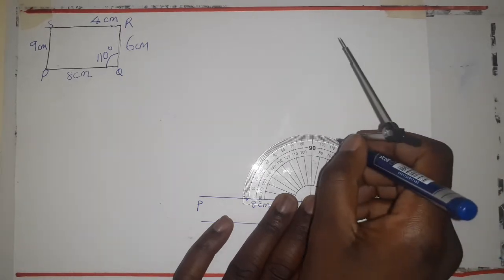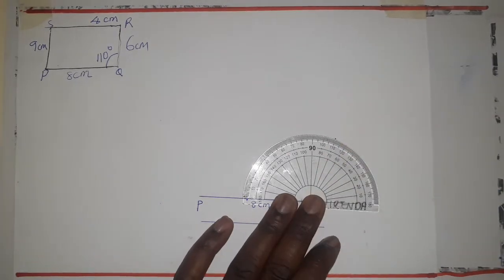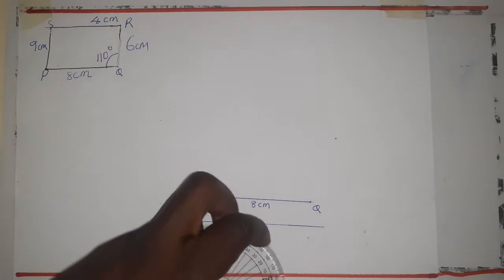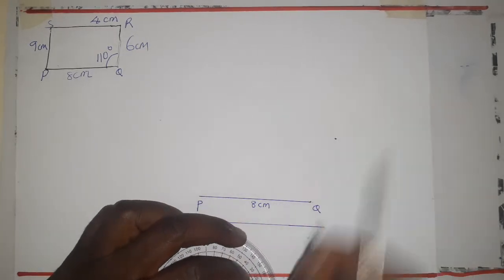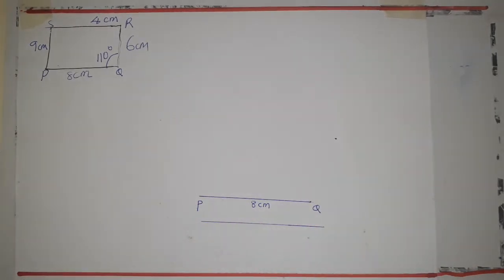Our 110 is at this point. I'm going to put a dot there as a guide to show where my angle 110 is supposed to pass. I hope you're seeing. What is the next thing?